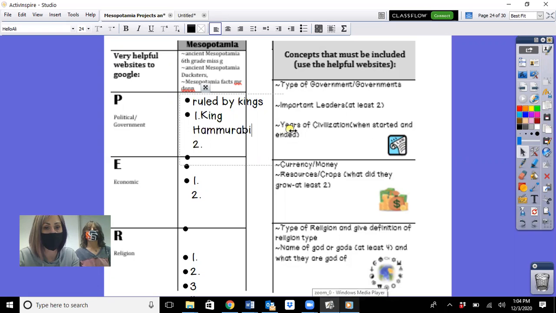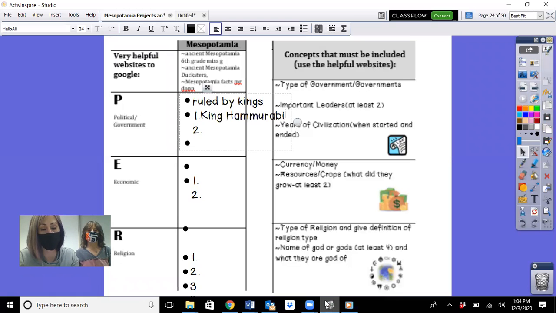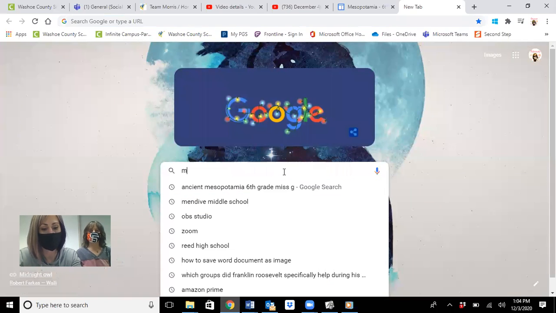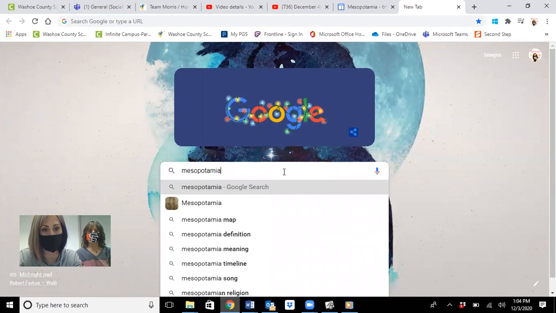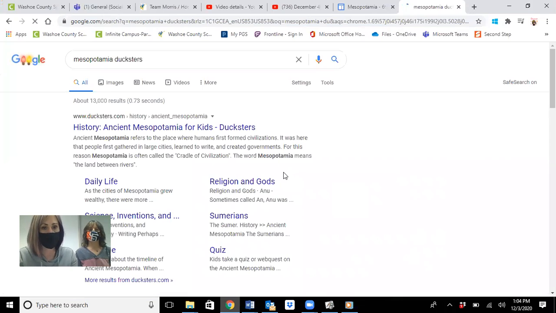But if not, if I open up another Google page and go to Ancient Mesopotamia, let's try Ducksters. Ducksters or Mr. Dunn. Let's try Ducksters. There it is. History, Mesopotamia.